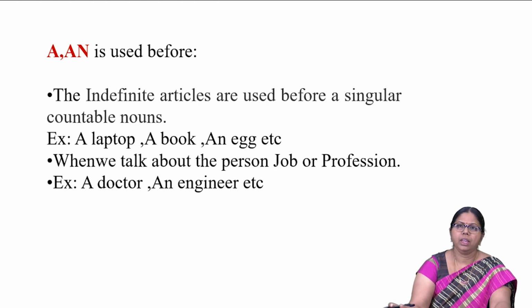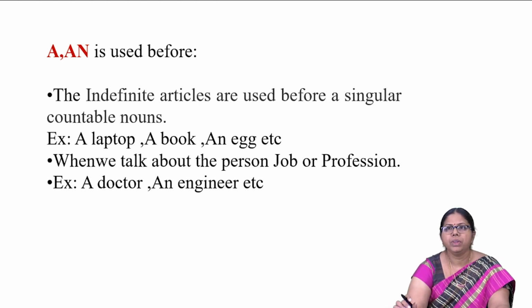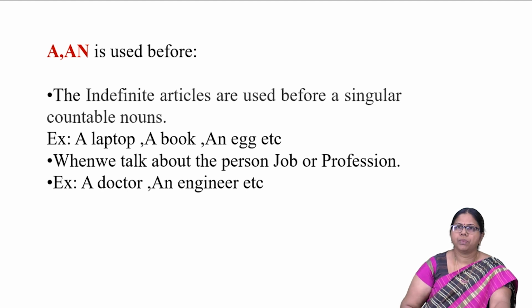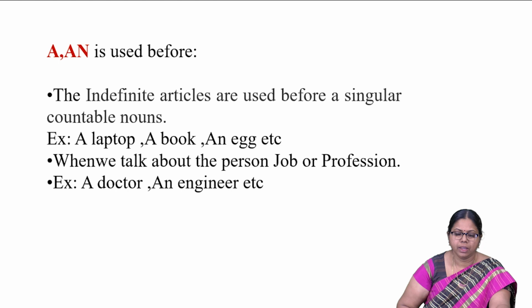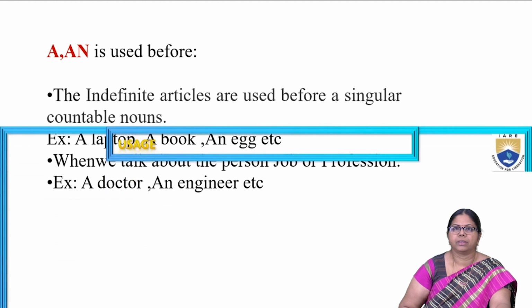We use the indefinite articles a and an to specify the profession or job of a person. For example, a doctor, a teacher, an engineer, a scientist.